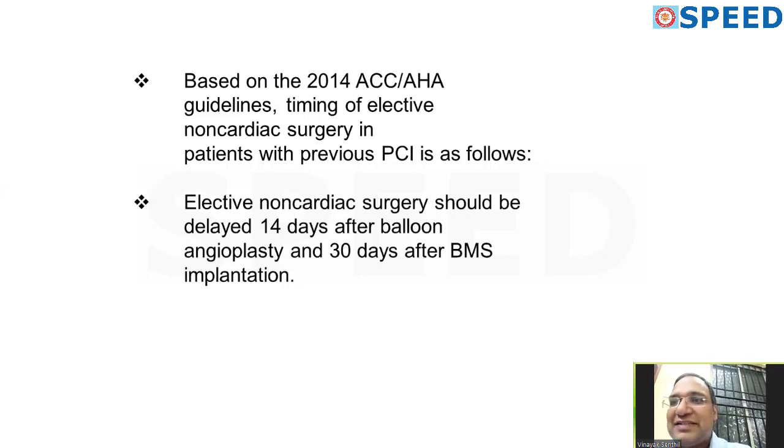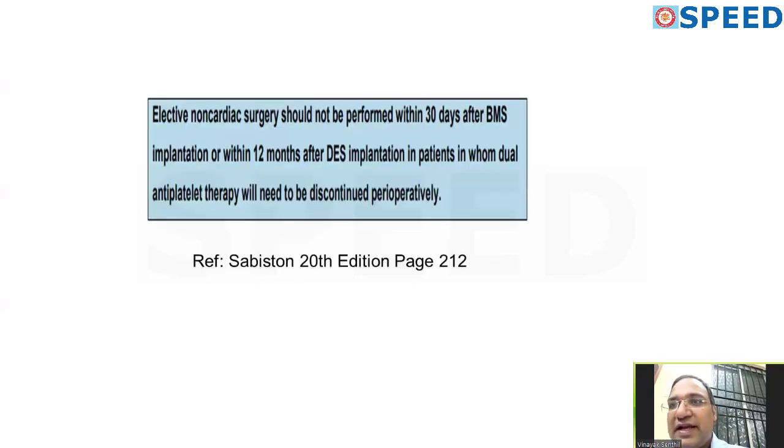Elective non-cardiac surgery should be delayed 14 days after balloon angioplasty and 30 days after bare metal stent implantation. So it should not be performed within 30 days after bare metal stent implantation and within 12 months after drug eluting stent implantation in patients in whom dual antiplatelet therapy will not be discontinued preoperatively.